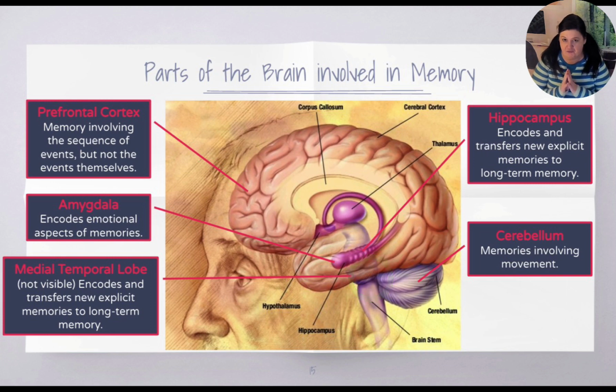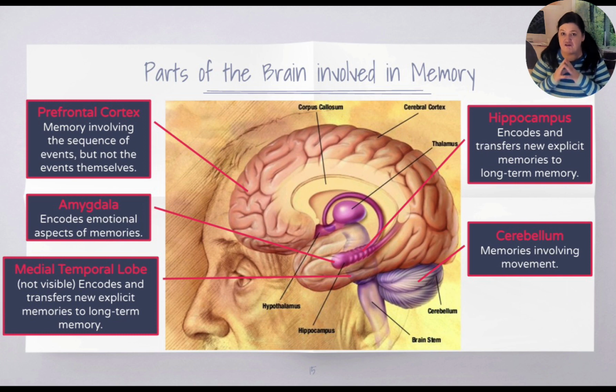But right now, I want you to notice that the hippocampus is the part of the brain that encodes and transfers our new explicit memories to our long-term memory. So our hippocampus and our medial temporal lobe basically are doing the same thing. They're helping us to learn the new explicit memories, okay? So the stuff that we learn, okay?